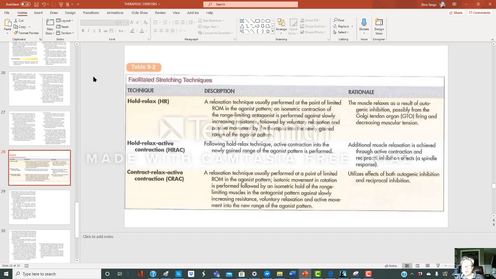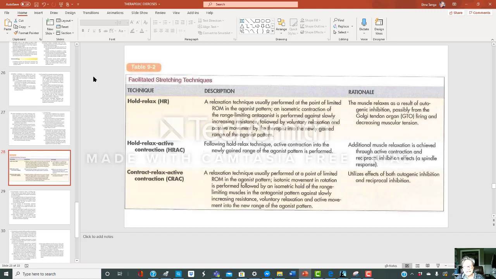An isometric contraction of the range-limiting antagonist is performed against slowly increasing resistance, followed by voluntary relaxation and passive movement by the therapist into a newly gained range of the agonist pattern. The muscle relaxes as a result of autogenic inhibition, possibly from GTO firing and decreasing muscular tension.